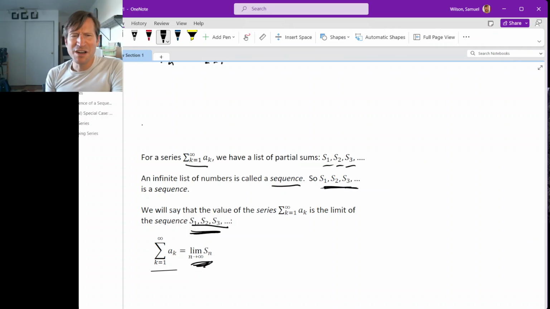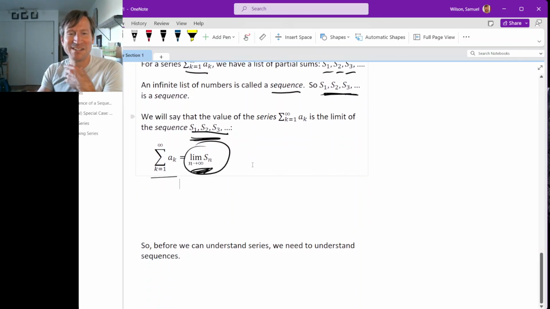Fair enough, but before we can do that, we need to think about what this means for sequences. So let's talk about sequences. We need to understand sequences before we can come back to understanding series. It's an unfortunate coincidence in English that series and sequence both start with S, because that makes them easy to get confused.